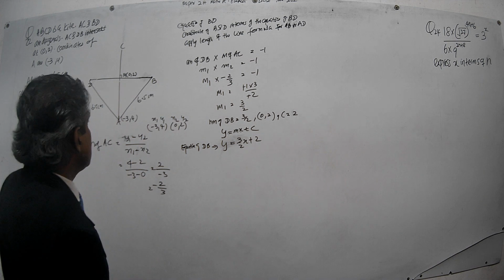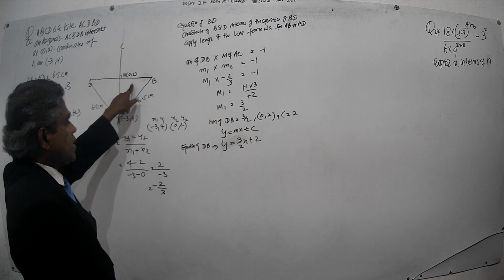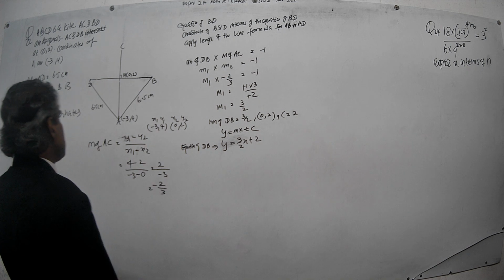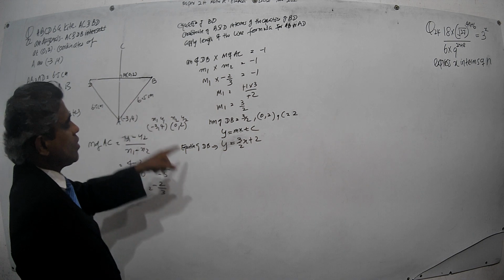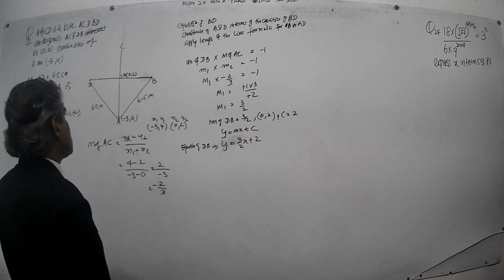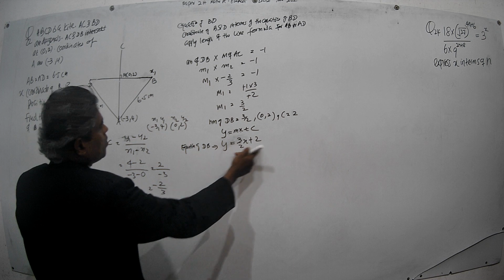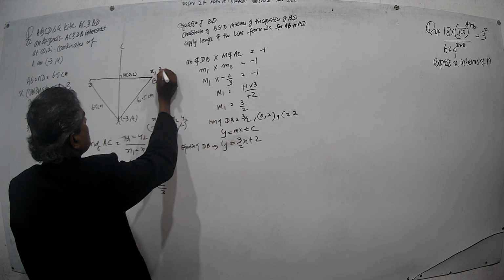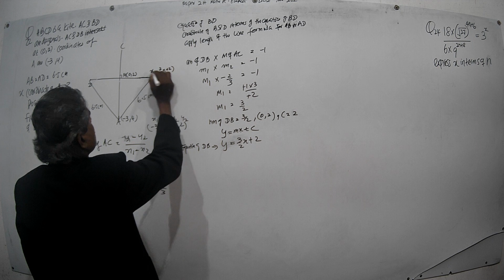We found it. Now we write these two coordinates, the coordinates of this one and this one, in terms of this equation, because these two points B and D lie on the line y equals 3 over 2 x plus 2. Here, if the x coordinate is x, the y coordinate will be 3 over 2 x plus 2.